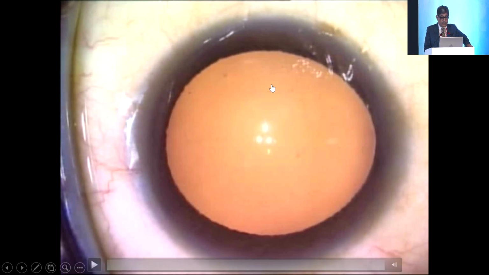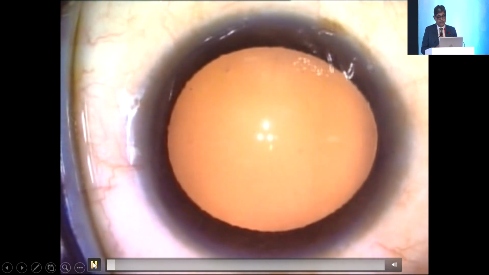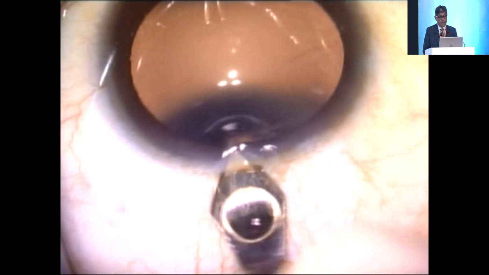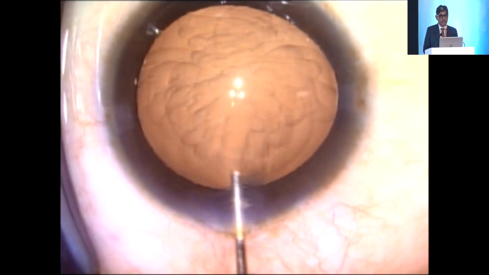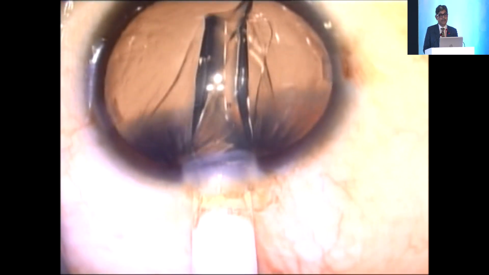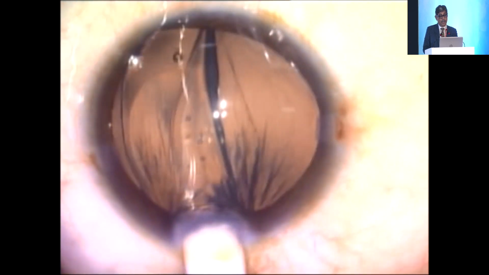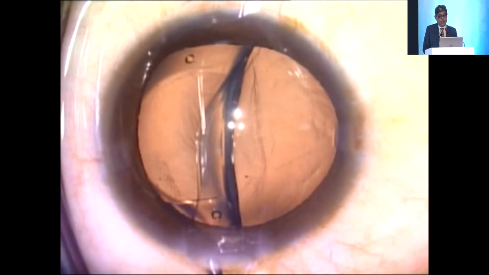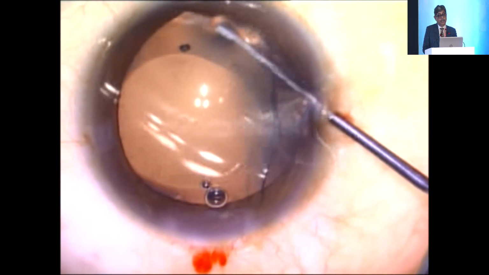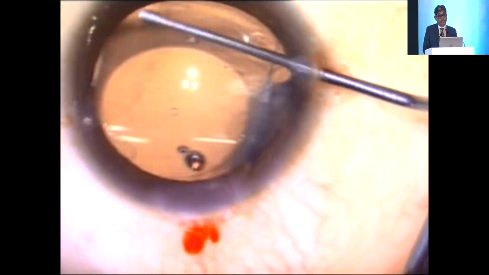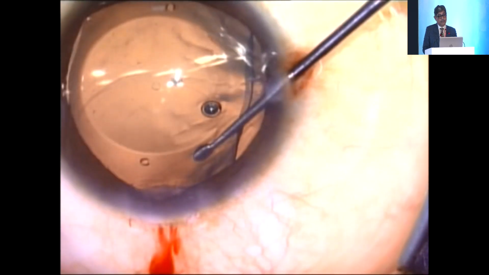So, to take you further, here is a simple video of how it is done, then we'll be discussing the rest of the things, how I do it. I make a 3 mm incision, which is a roomy incision but doesn't induce any astigmatism, and the tunnel should be 1.5 mm. The lens is loaded and placed in the anterior chamber, and it is unfolded slowly on the surface of the iris.